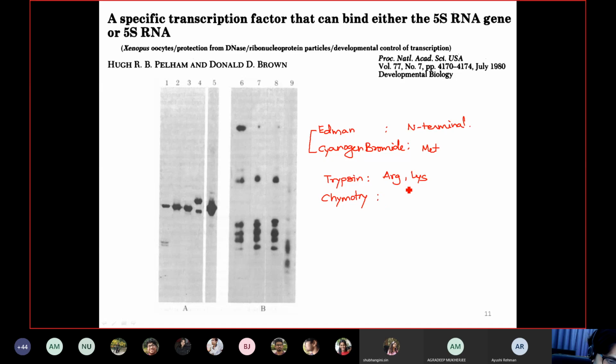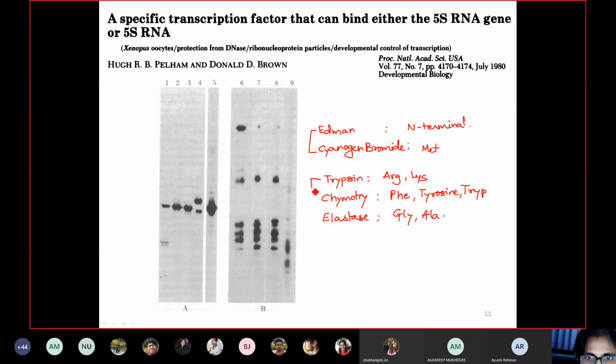So what chymotrypsin does is it cleaves after your aromatic amino acids, phenylalanine, tyrosine, then you have tryptophan. So these are all the cutting sites. So apart from that, you also have some kind of elastase endopeptidase. So this cuts after glycine and your alanine, basically small amino acids.